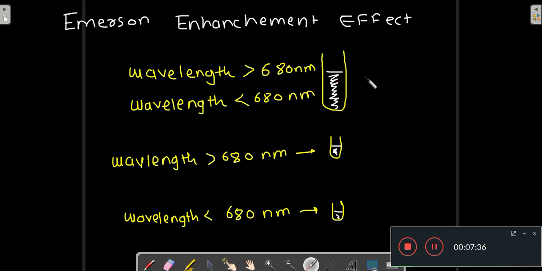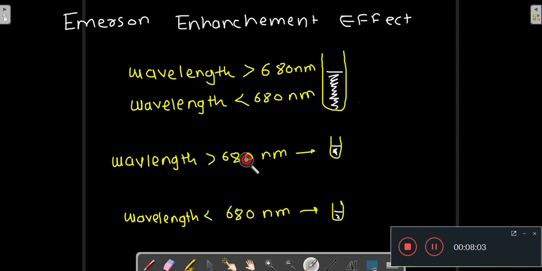Now, in the second condition, we take the same tube and hit it with light whose wavelength is greater than 680 nanometer, and after that we hit that same tube again with a wavelength that is less than 680 nanometer.